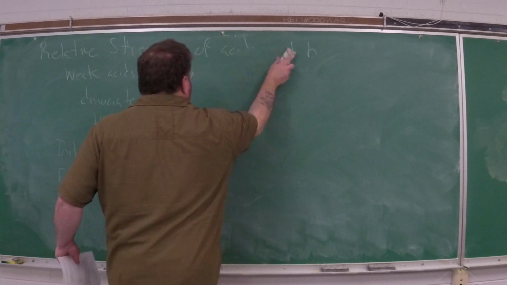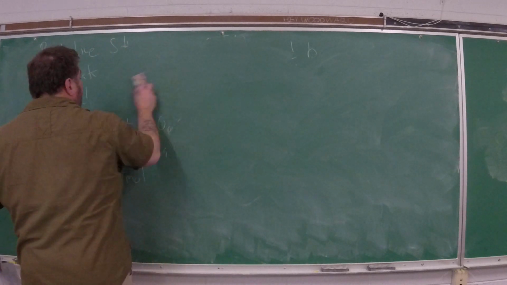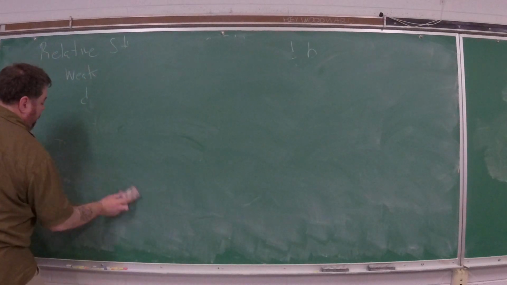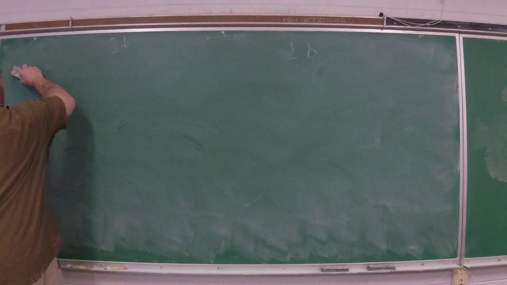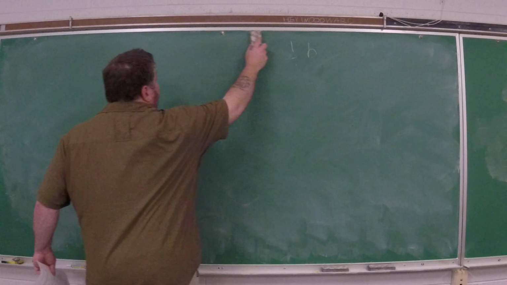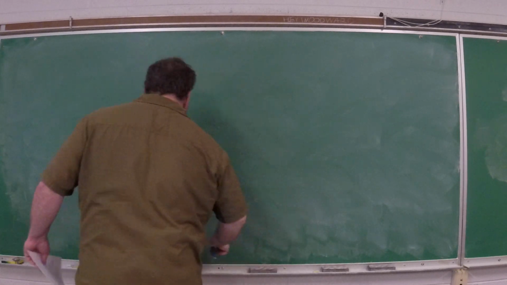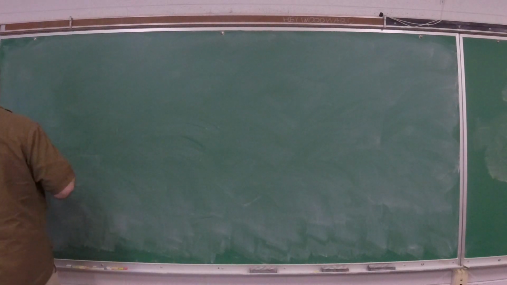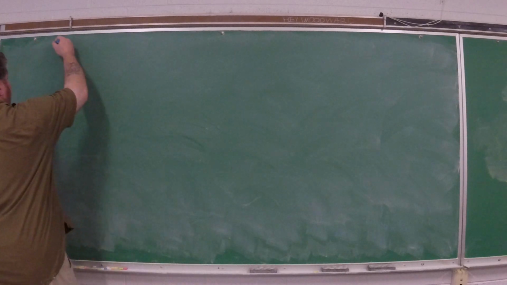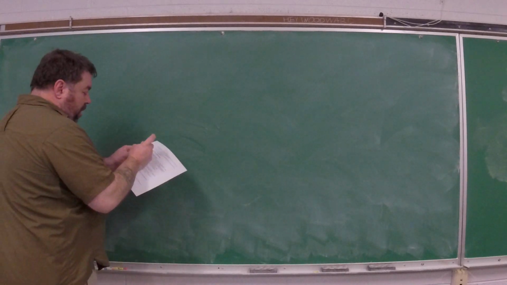Now remember we had K equilibrium, or Kc, from I don't know how many chapters ago. Well, we're going to have that for weak acids, and it's called the acid dissociation constant. But it's related to K equilibrium.